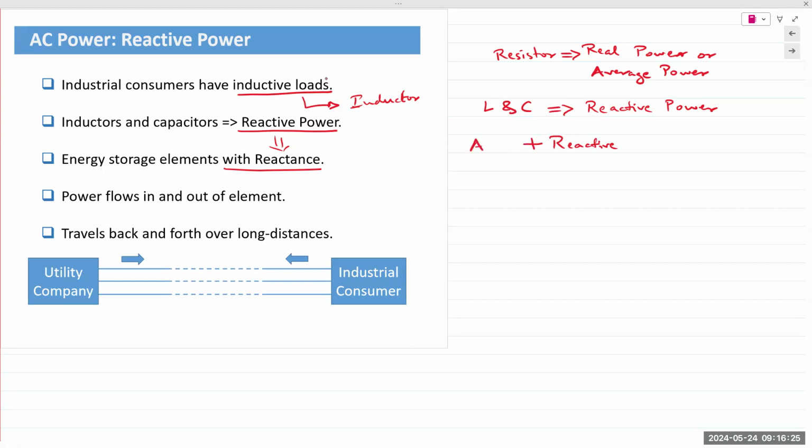Let's go ahead and use average. Real somehow implies that the reactive power is imaginary. But real and imaginary, again, is a mathematical representation. That's why we call it real power. So let's stick with average. So average plus reactive power gives you total complex power. Okay, total complex power.